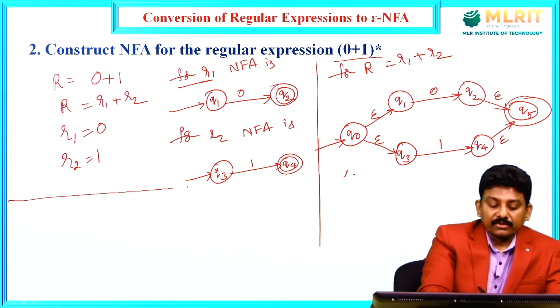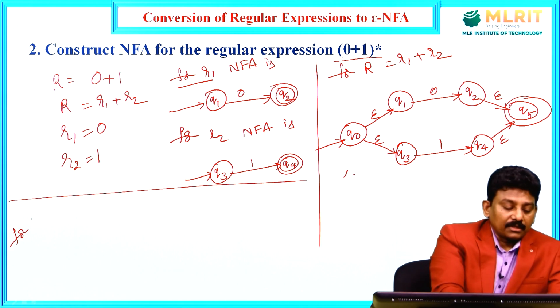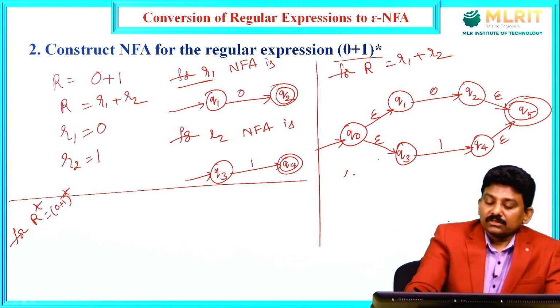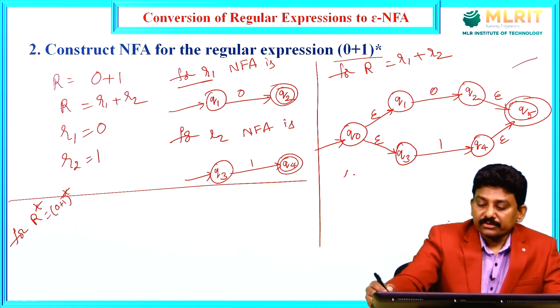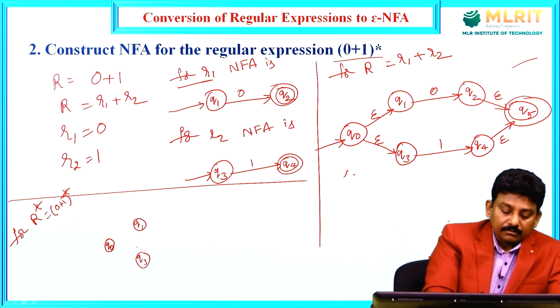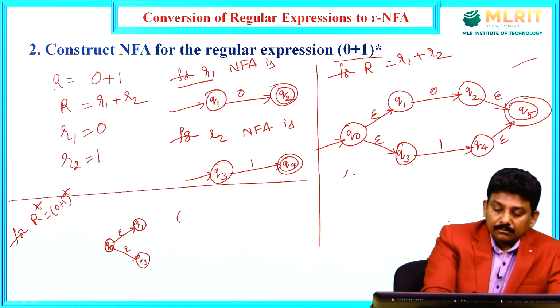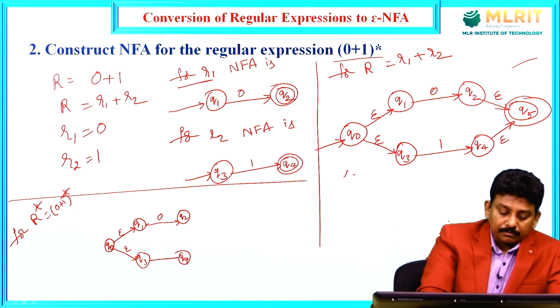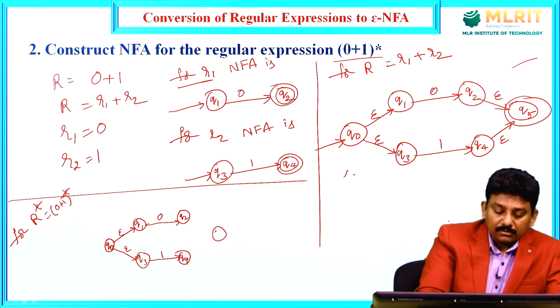I will write here the final answer for R star, which means 0 plus 1 whole star. This diagram is for 0 plus 1, as it is: Q0, Q1, Q3, Q2, 0, Q4, 1, Q5 with epsilon transition.